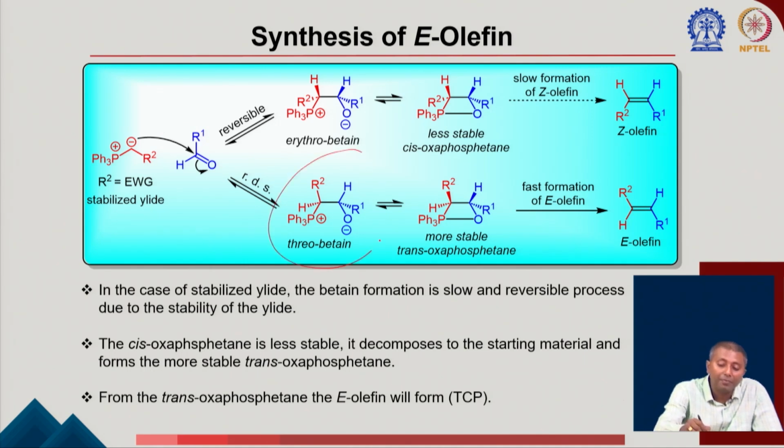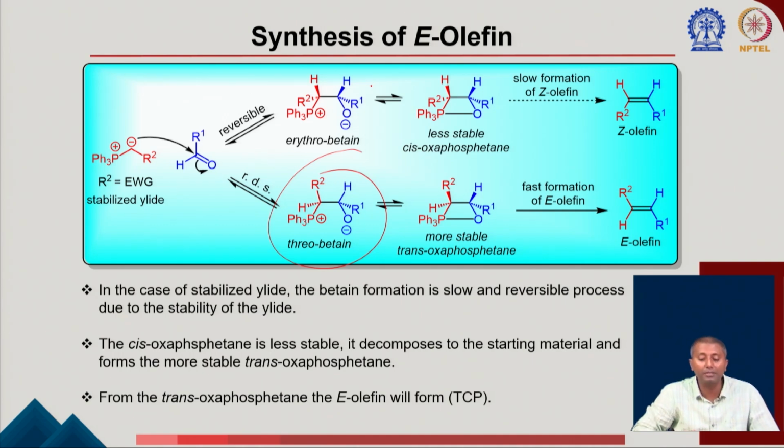In the formation of the oxaphosphetane intermediate, it will try to form the one which is more stable. So now thermodynamics comes into play. As the ylide is more stabilized, and as I mentioned this step is reversible, it will form the more stable one, which is trans.